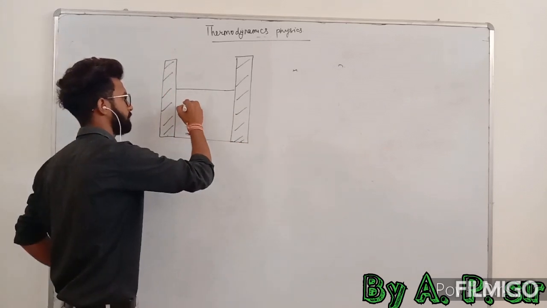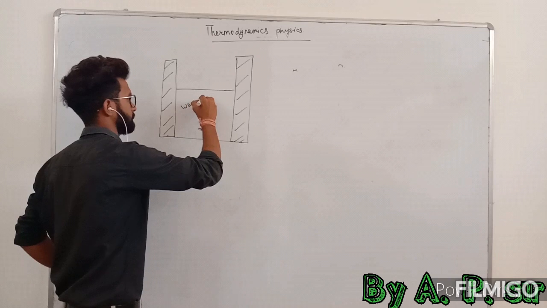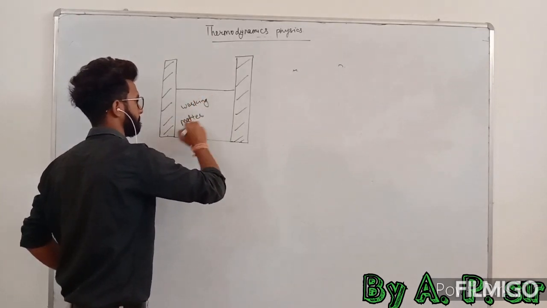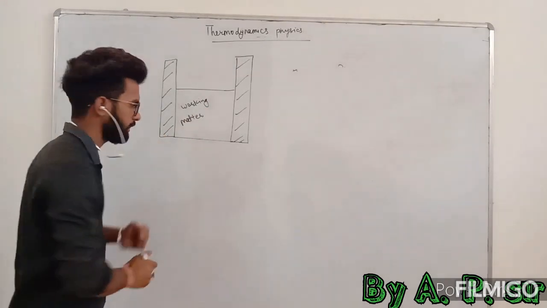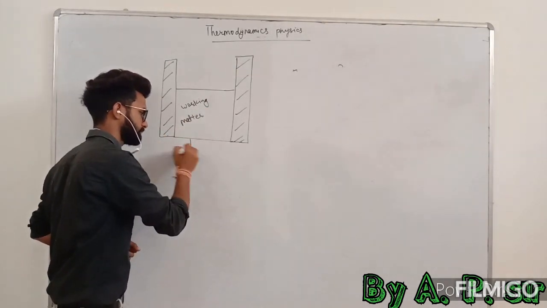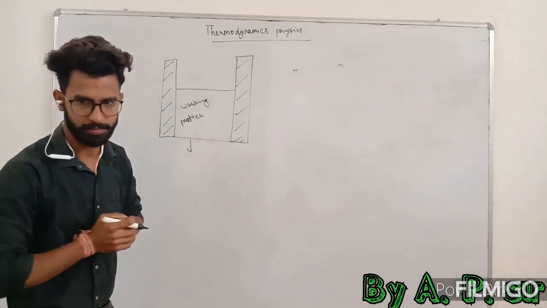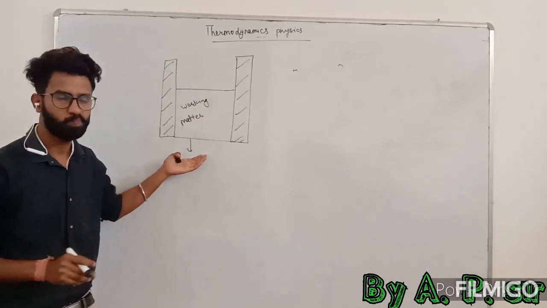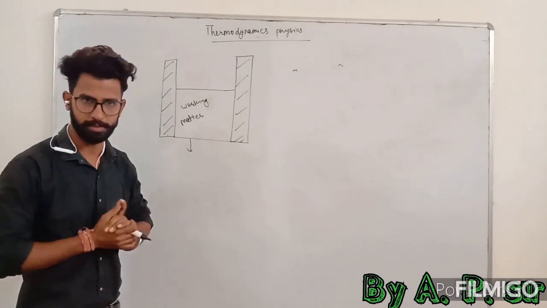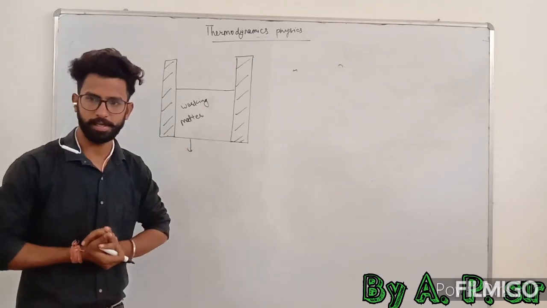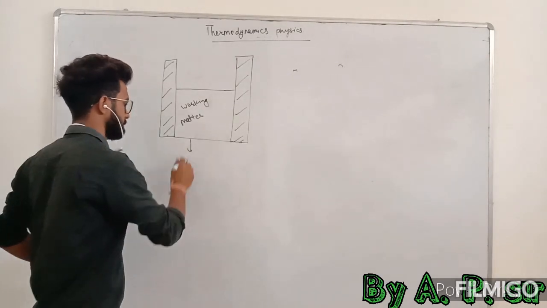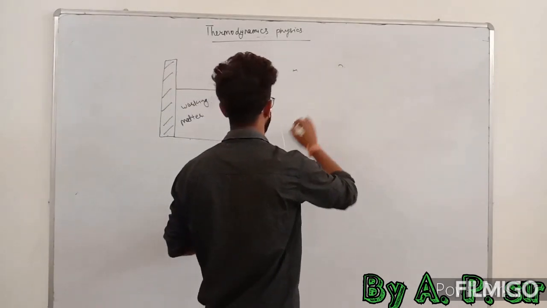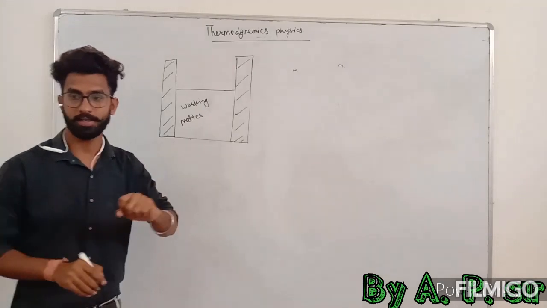There we have the working material, and this wall is a heat exchanger. It means heat exchange is very easy there. Next, this is the working material. Next, stand.